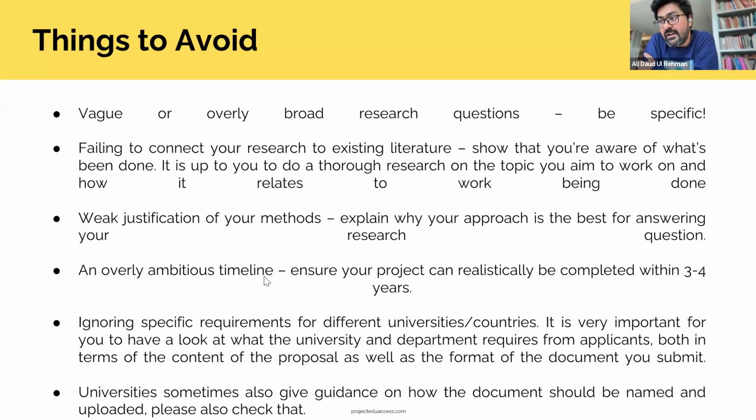Failing to connect your research to existing scholarship: show that you are aware of what's been done. It is up to you to do thorough research on the topic you aim to work on and how it relates to work being done. I'd say absolutely do it. Go through everything that has been written in your field related to your proposal.